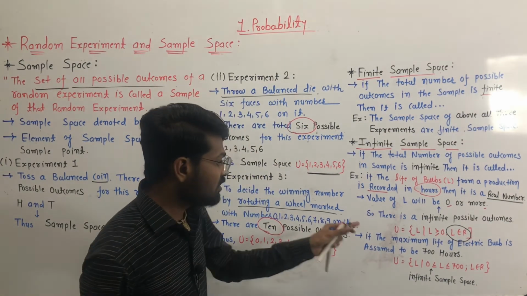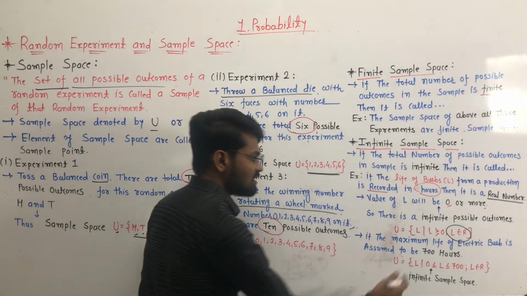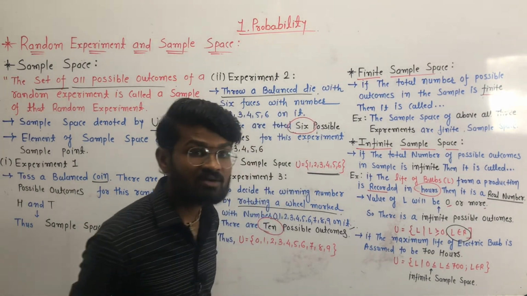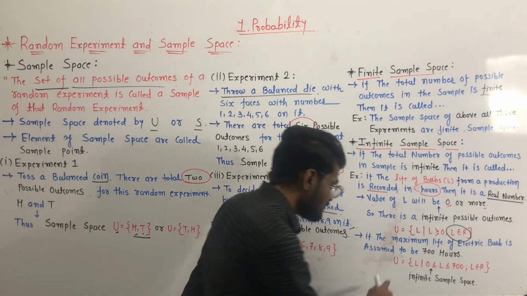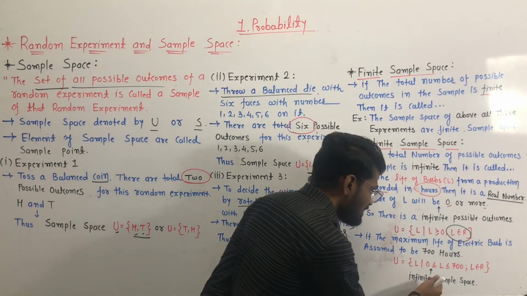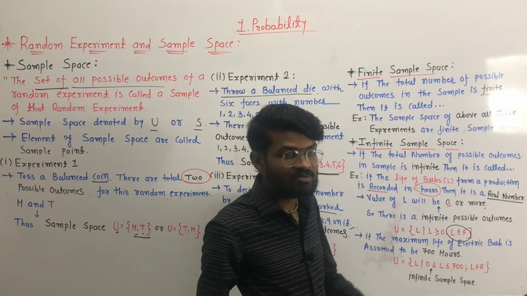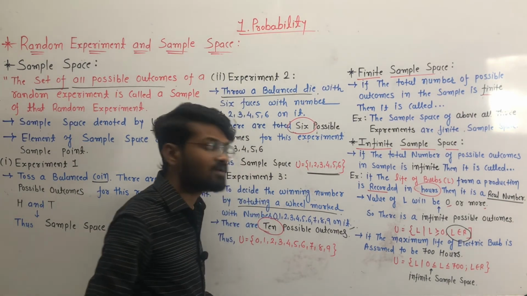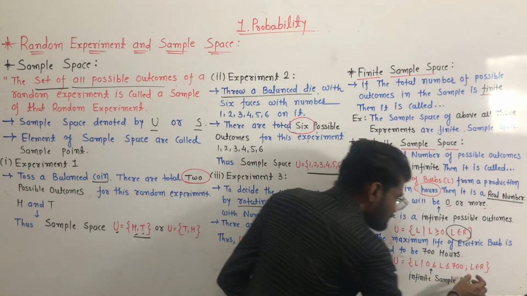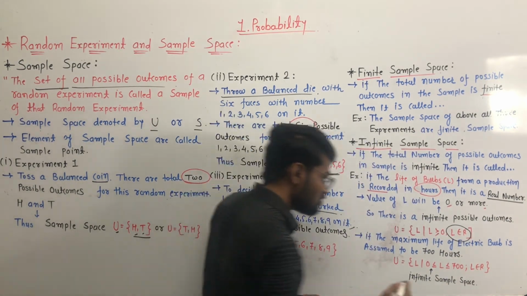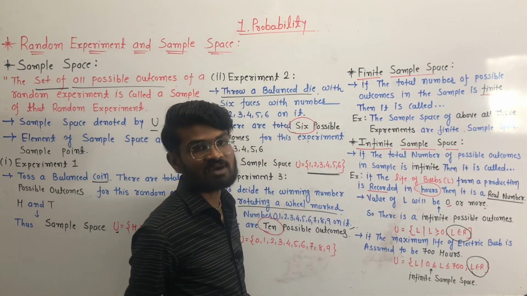But if we assume the maximum life of the electric bulb is 700 hours, then we write the sample space for this experiment: U is equal to {L : L is between 0 and 700 hours}. The life of the bulb is between 0 and 700 hours and L belongs to R. Here we can also see that L belongs to R. Then this is also an infinite sample space.